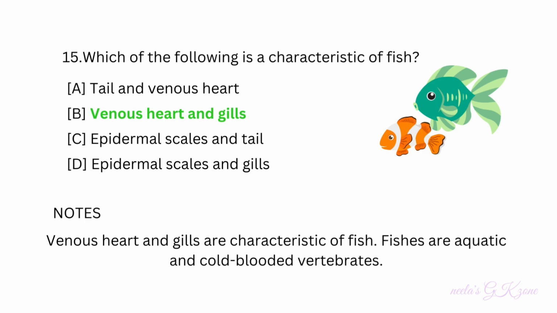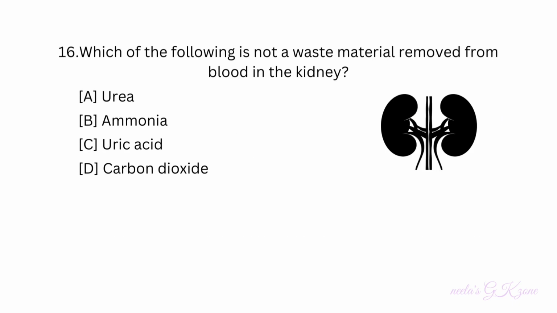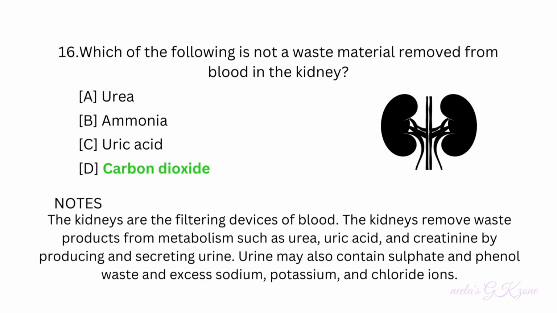And the next question, which of the following is not a waste material removed from blood in the kidney? Options are urea, ammonia, uric acid, and carbon dioxide. And the answer is carbon dioxide.